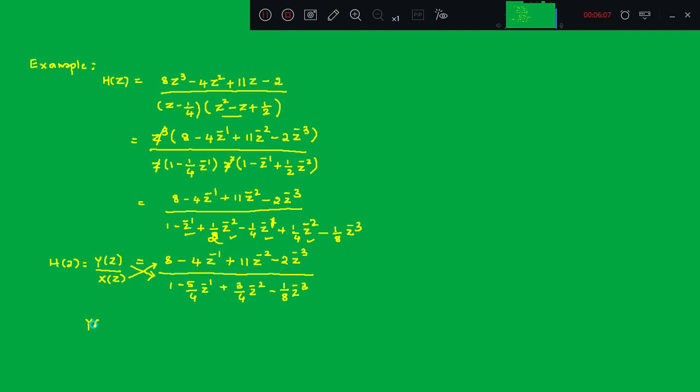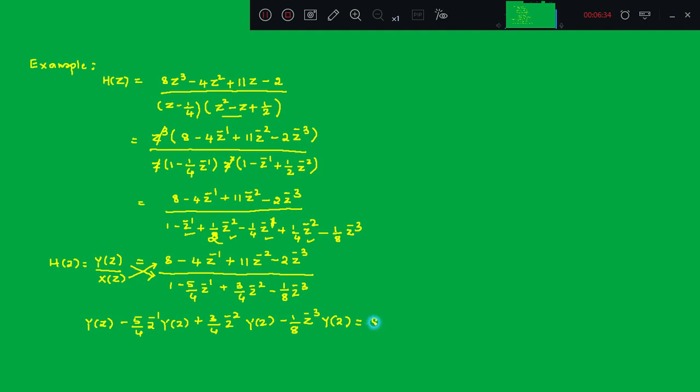Y of z minus 5 by 4 z raised to minus 1 y of z plus 3 by 4 z raised to minus 2 y of z minus 1 by 8 z raised to minus 3 y of z is equal to, now we will multiply this x of z with all these numerator terms.